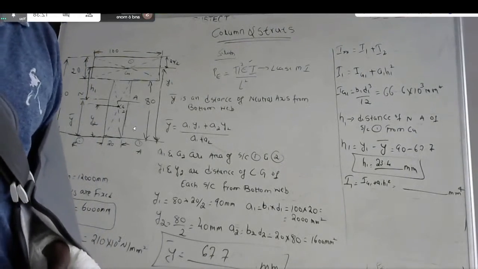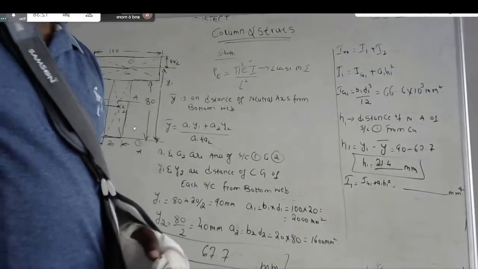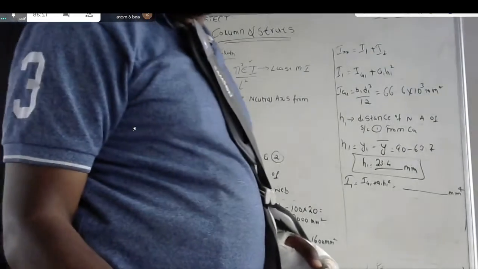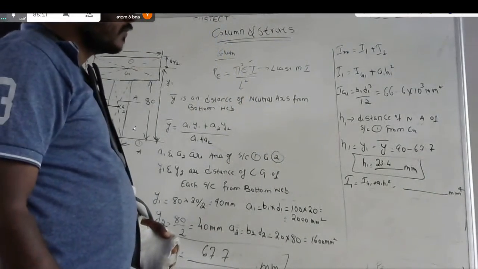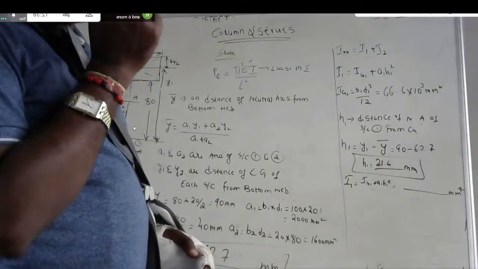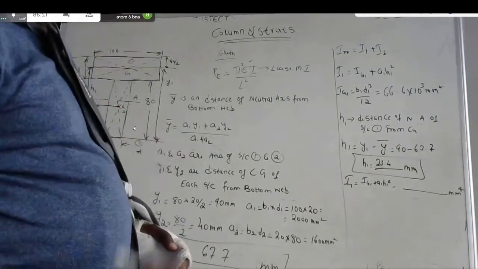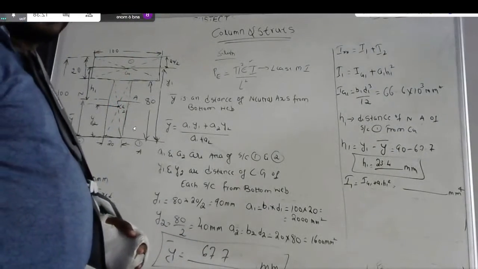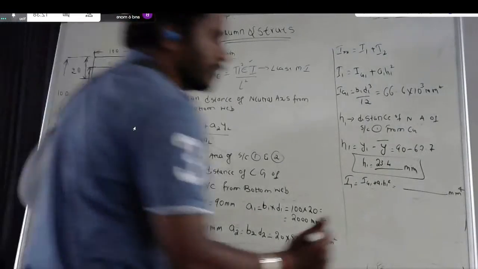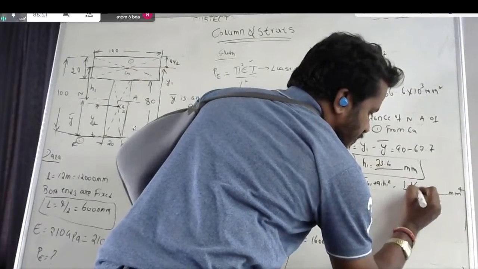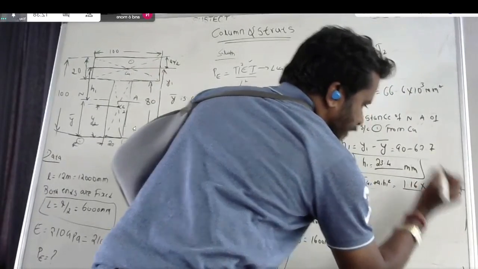Tell me how much Ig plus A1 H1 square is. Correct, 1.16 into 10 power 6.